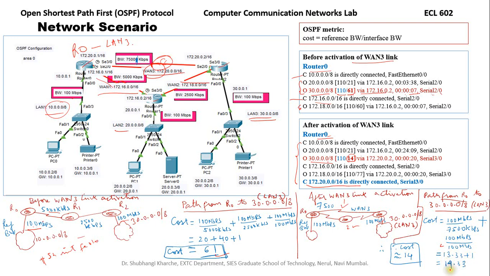So the total cost is 14.33, which is approximately equal to 14, and thus OSPF router 0 will update the cost to reach the 30 dot network as 14, and the OSPF router will choose this path now for routing the packets from router R0 to this network 30.0.